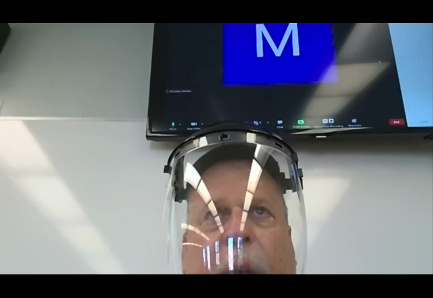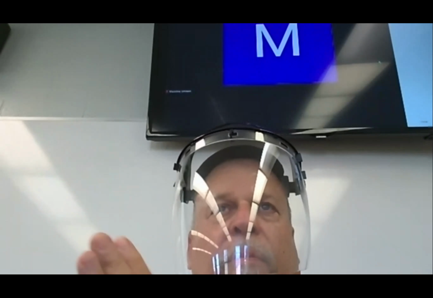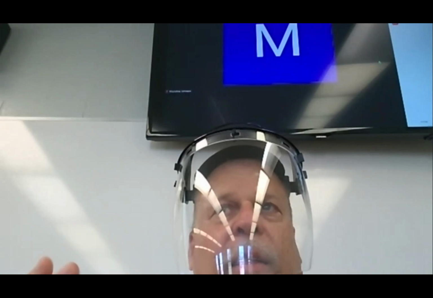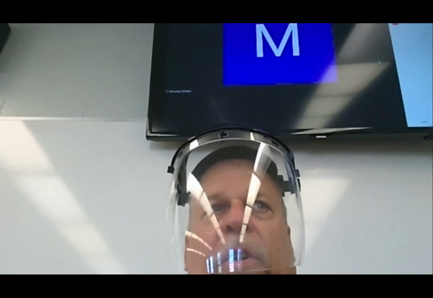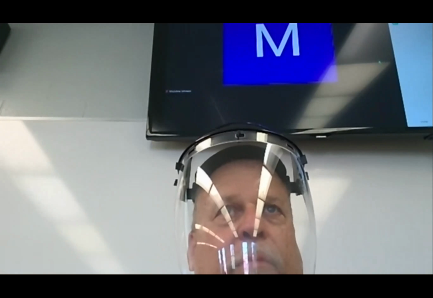You'll be allowed to have a 3x5 card on both sides with whatever formulas you want to put on it, and the periodic table I'll provide you. Essentially the best thing for you to do between now and then is continue working on the problems for chapter 3.